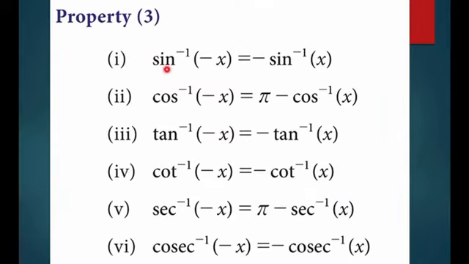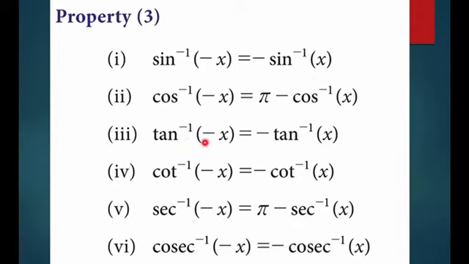So, inverse trigonometric functions for negative values. So, sine inverse of minus x is equal to minus sine inverse of x. We know sine, tan, cot and cosecant are odd functions. Cos and secant alone are even functions. So, for all the other odd functions, it is sine inverse of minus x is minus sine inverse.